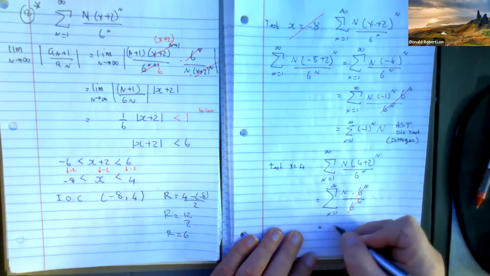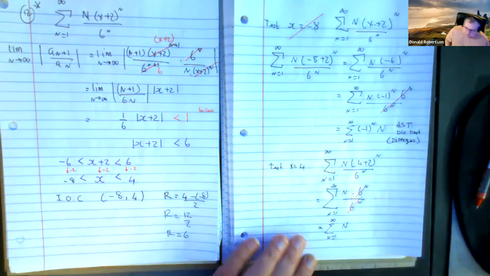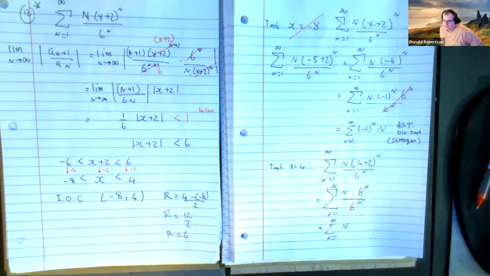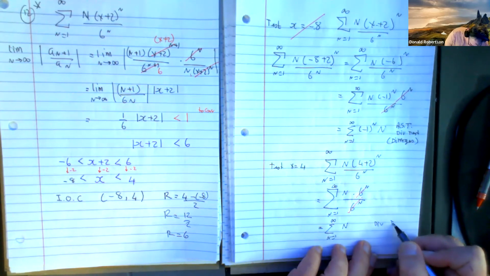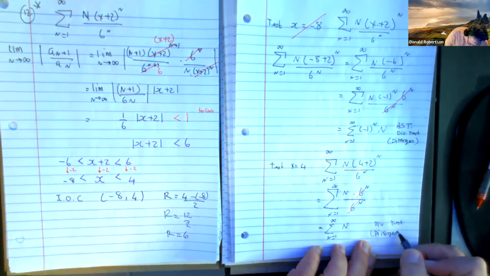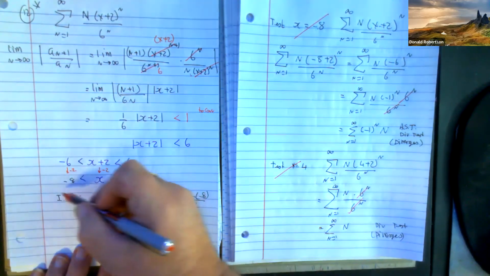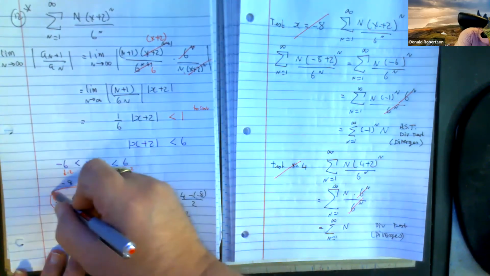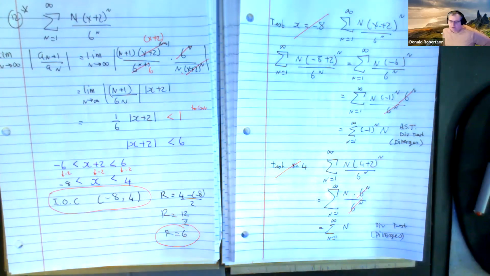Cancels. And you are left with the sum from n equals 1 to infinity of n. If you wrote that down, it's pretty obvious. It's 1 plus 2 plus 3 plus 4. It diverges. And the divergence test would be the one I would use. And we know it diverges, which means you're no good. So there is your interval of convergence, and there is your radius of convergence.